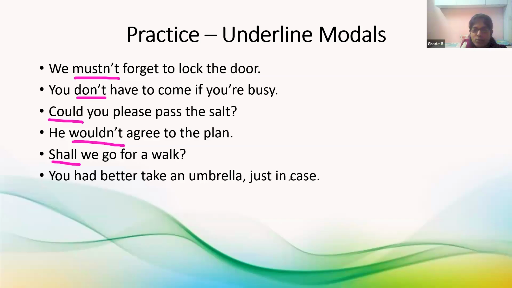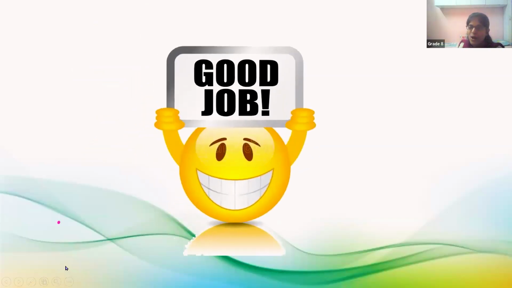The English seems to be a little out of place, but the modal will remain the same, beta. Go ahead. Ma'am, had better. Had better. But the sentence doesn't make sense. It is incorrect. I will correct it after the class. Okay, right then. One second. Here we go. Good job.